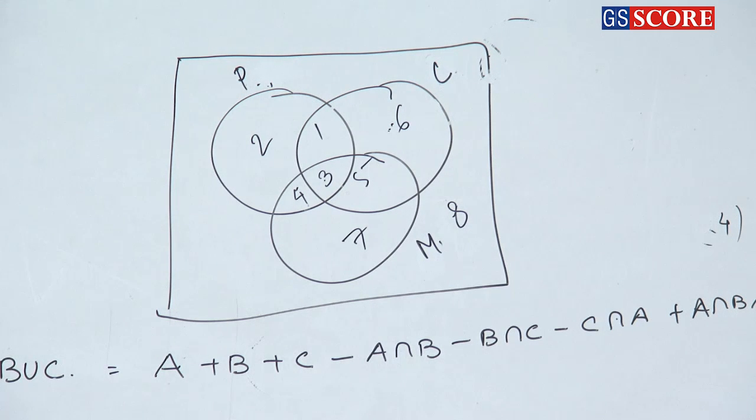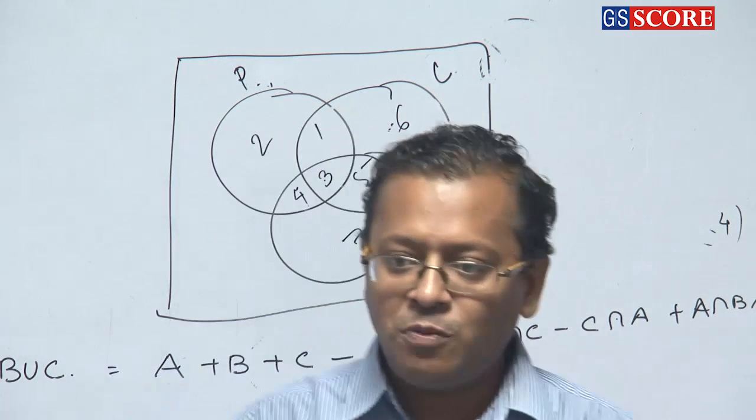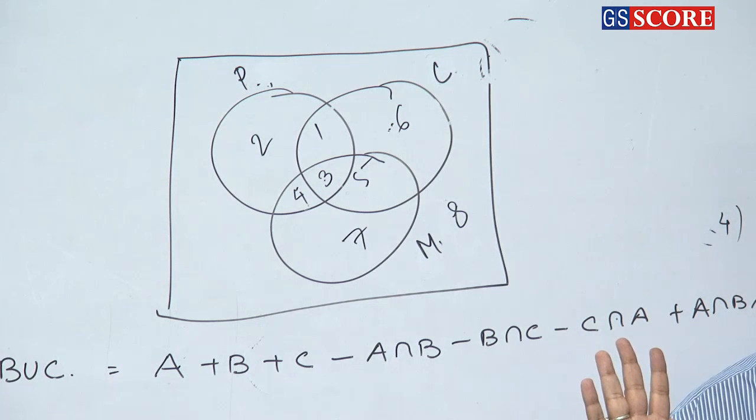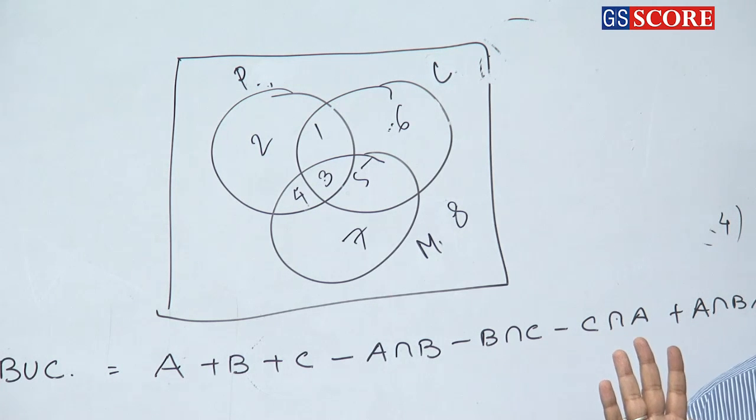How many students pass in 2 subjects? When I say how many students pass in 2 subjects, the statement is open ended, which means 2 and 3. Clear?